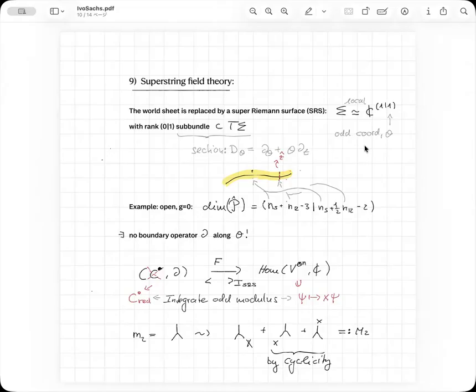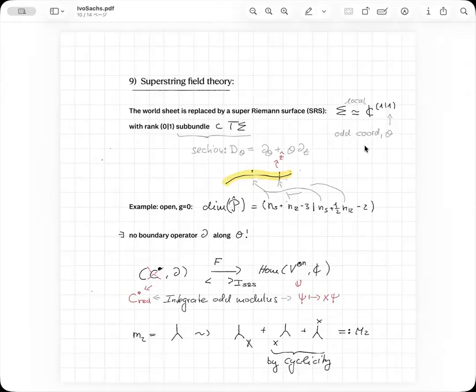So in this yellow stripe, I can have a puncture, a point. If I have a point in this yellow stripe, we call this a Neveu-Schwarz puncture. Or you can have a situation where this non-integrability somehow collapses, where D actually does square to itself. So that's a singularity, and then we call it a Ramond puncture.